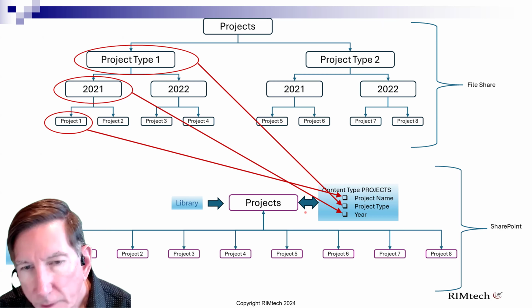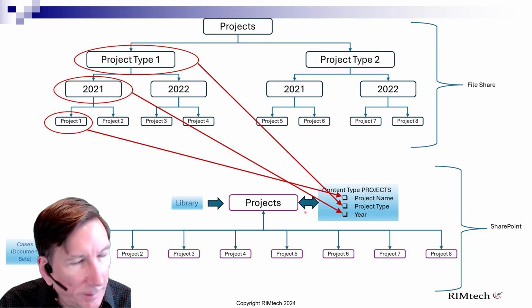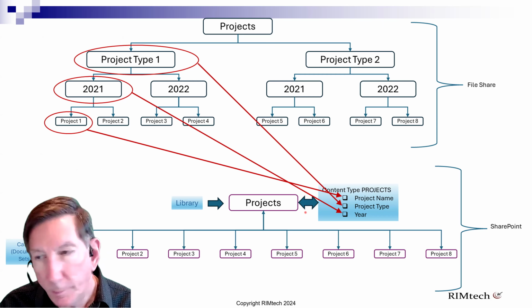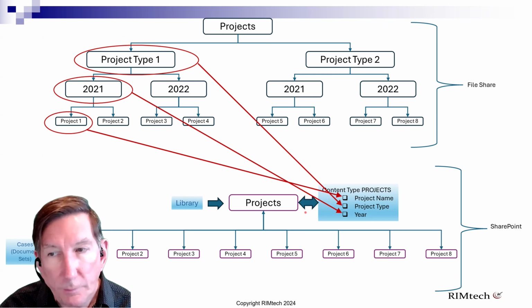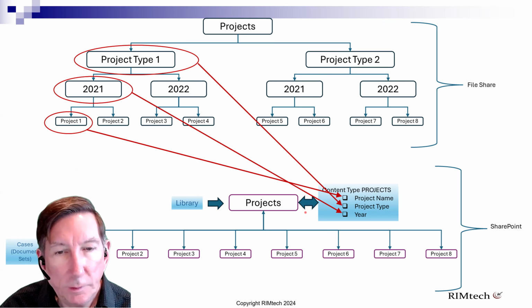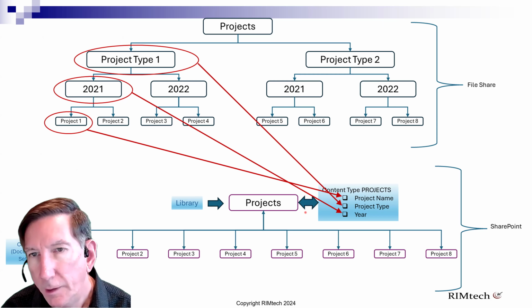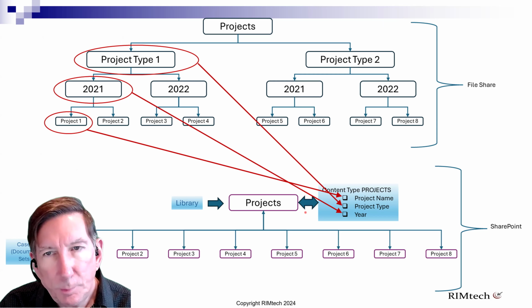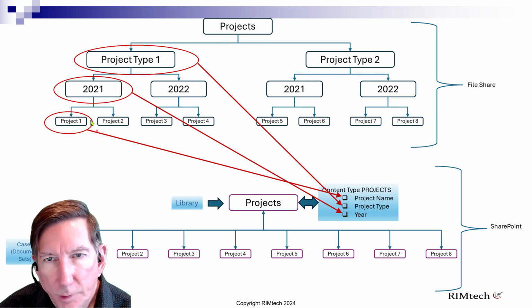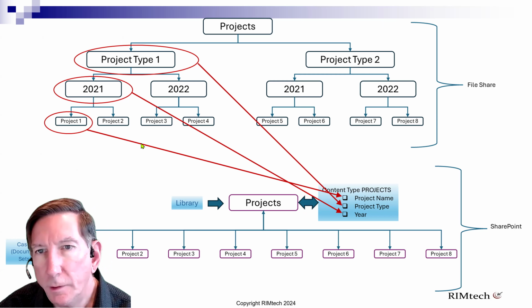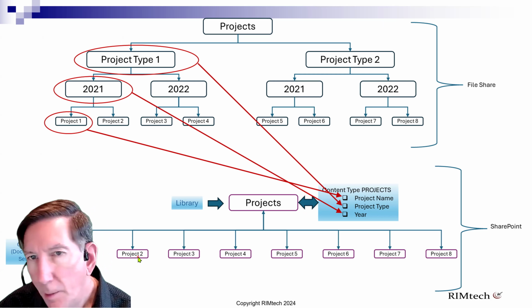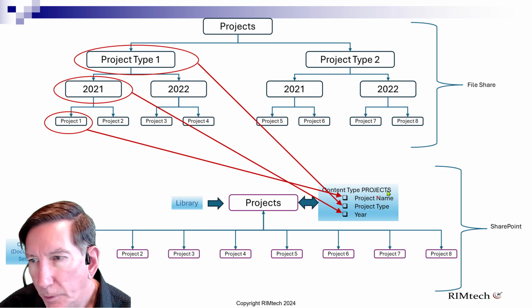But your target EDRMS, if it's built healthy, and again, most are not, but if it is, then you will have a project library and it will be broken into cases, okay? So each of these projects up above here, project 1 goes down to project 1 here, project 2 goes down here. But instead of nested folders, we just have metadata for each of these.